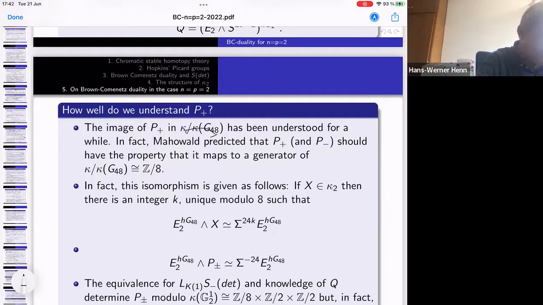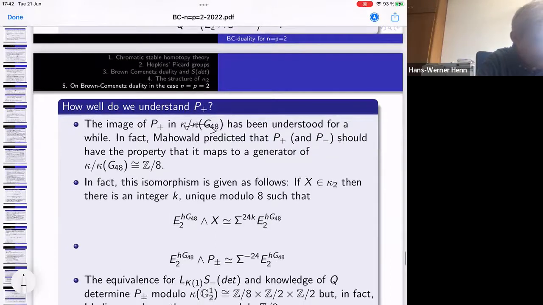Depending on choice, you get a homomorphism to C mod 8; you can associate to X this number k or this number minus k.